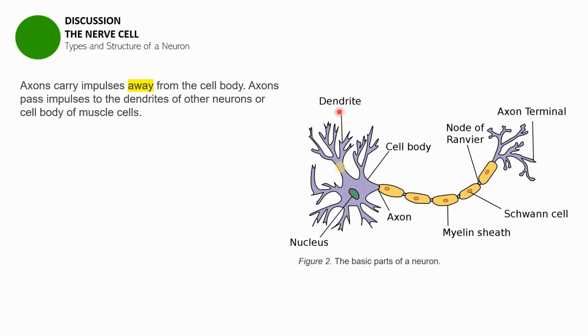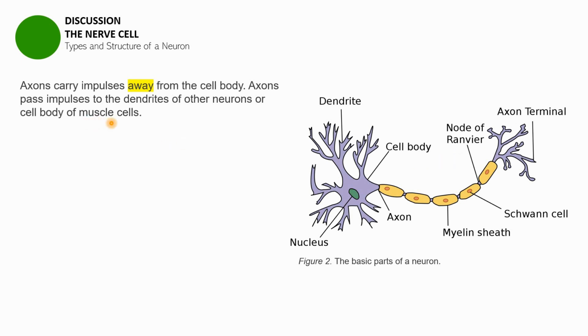The impulse could be given to the dendrite fast, and then the cell body, and then the axon, and it's gonna go through this entire line towards the axon terminals to connect to, say for instance, the cell body of muscle cells, which would then remove the say hand, or basta generally an area that is connected to something hot. Okay, kasi muscle cell itong pinag-usapan natin.